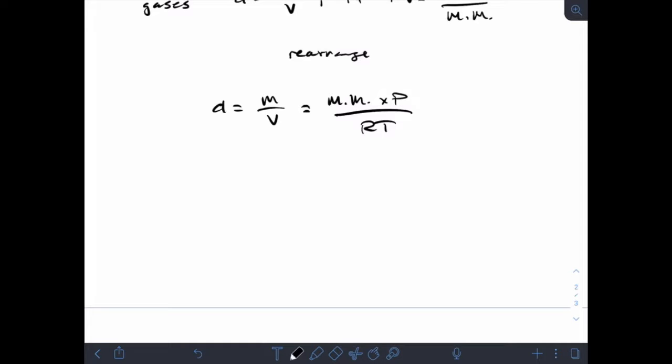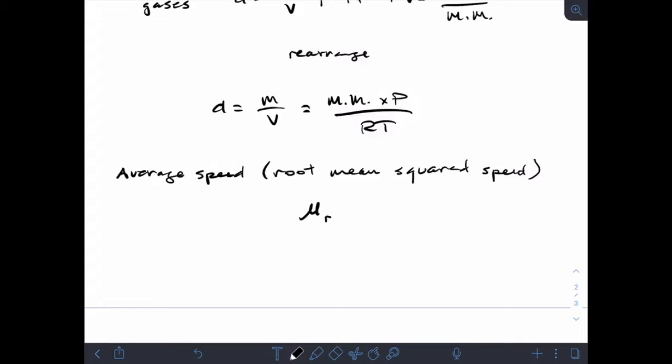The average speed of gas particles is called the root mean squared velocity, or speed. It has a symbol, the Greek letter mu, which I don't always draw very well, but it's going to look like mu root mean squared, mu RMS.